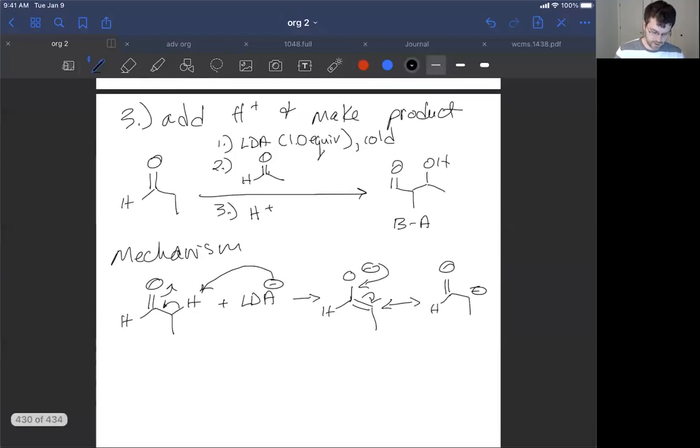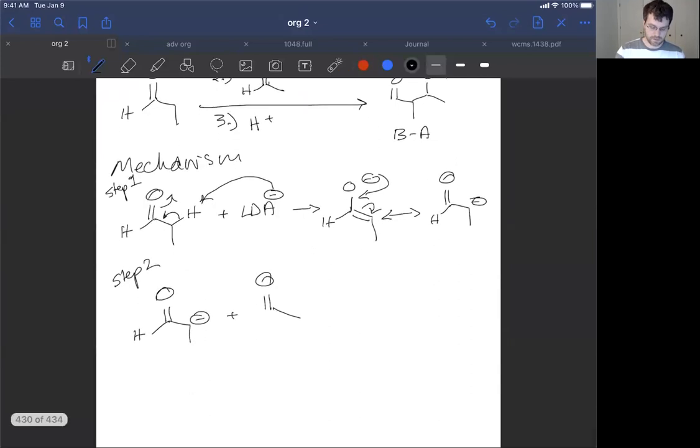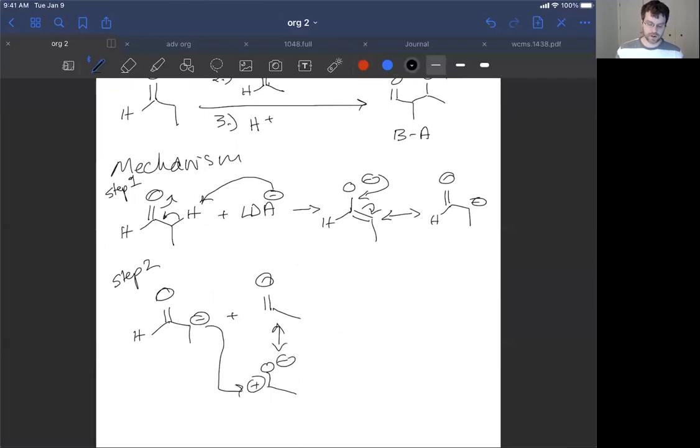Okay, so this is step 1. In step 2, this enolate is going to be mixed with a small excess, not an excessive excess, of carbonyl A.